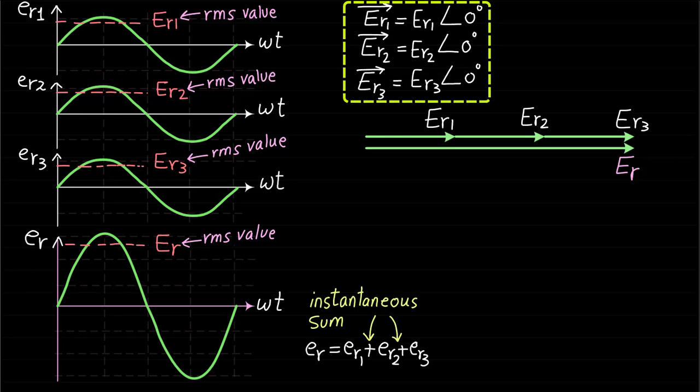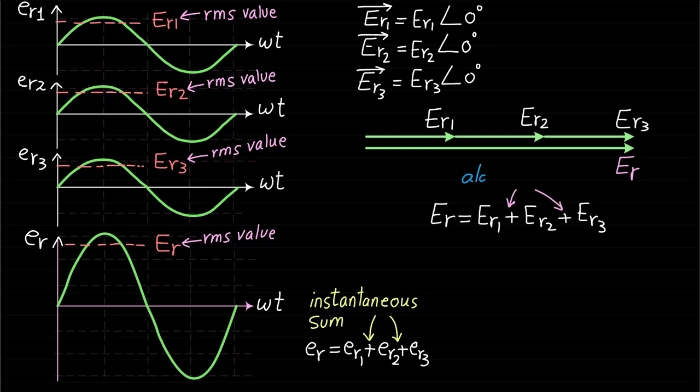We mentioned in previous lectures that since these voltages ER1, ER2, and ER3 are in phase and the coils are connected in series, then the RMS value ER of the total back EMF induced voltage is equal to the algebraic sum of the RMS values of the three induced back EMF voltages.